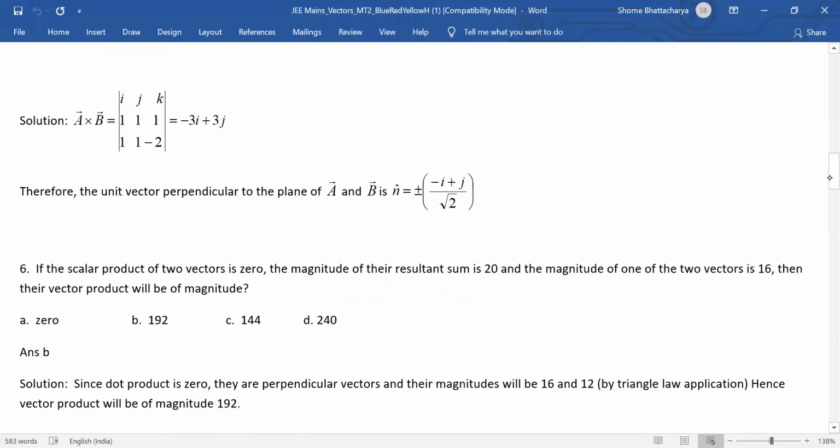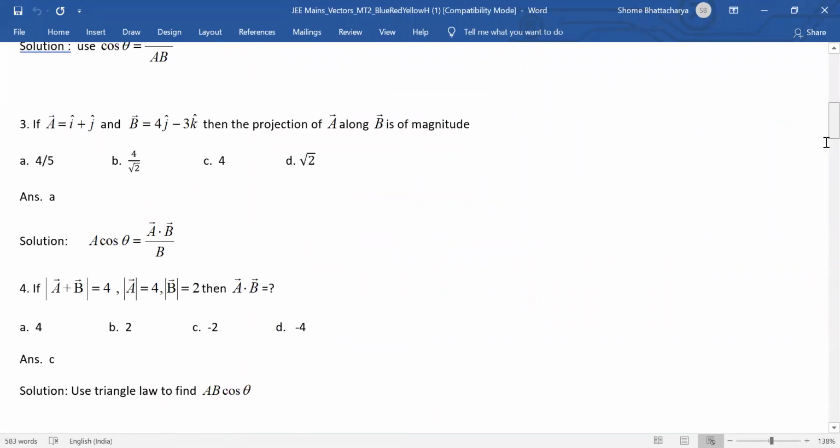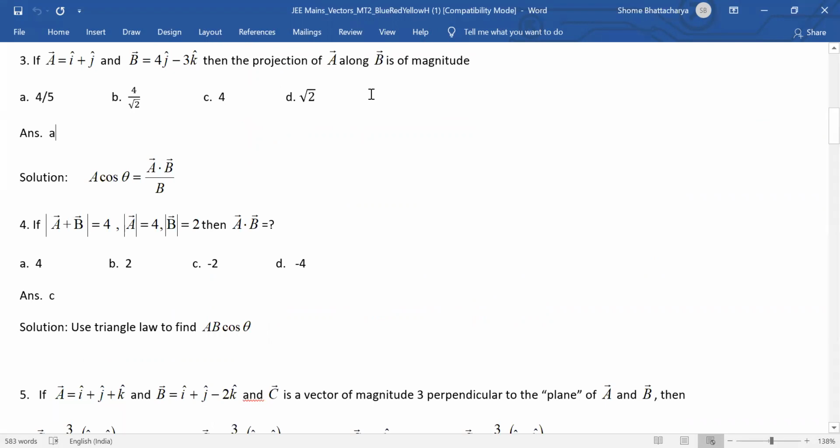Okay, let's move on to the third and fourth question next. So third is that projection wala concept.